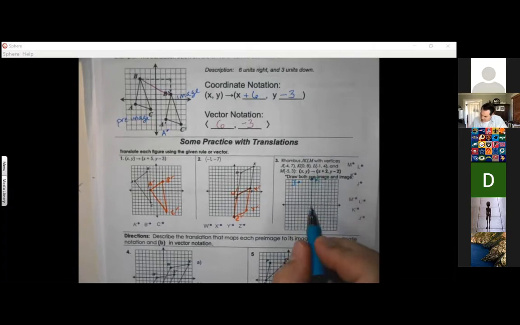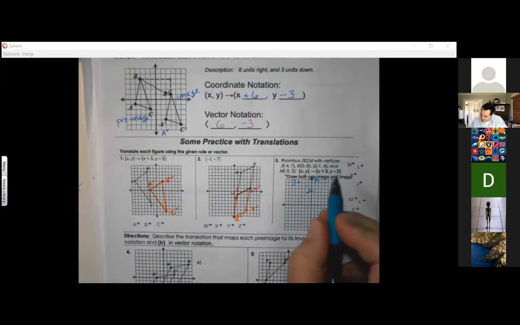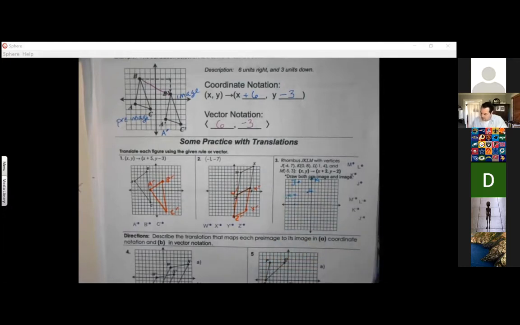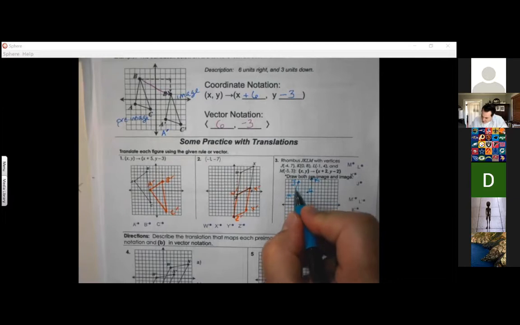Okay, L is -1, 1, 2, 3, 4. And M is -1, 2, 3, 4, 5, up 3, 1, 2, 3. All right, so I'm going to draw in the lines because I can.